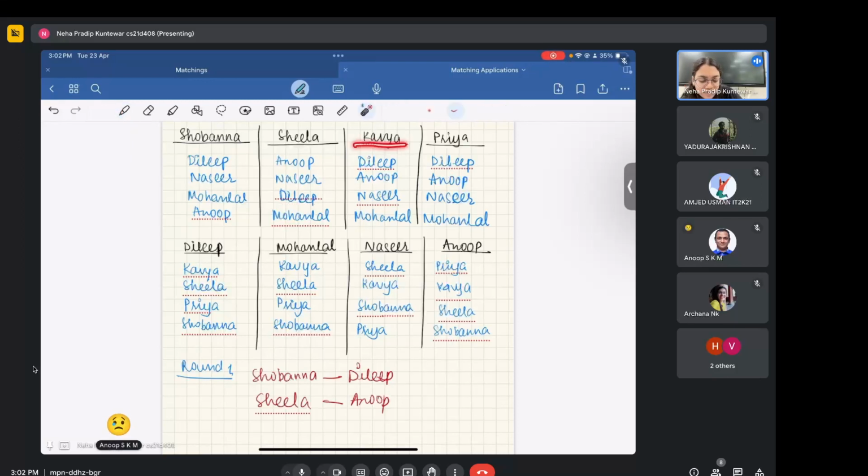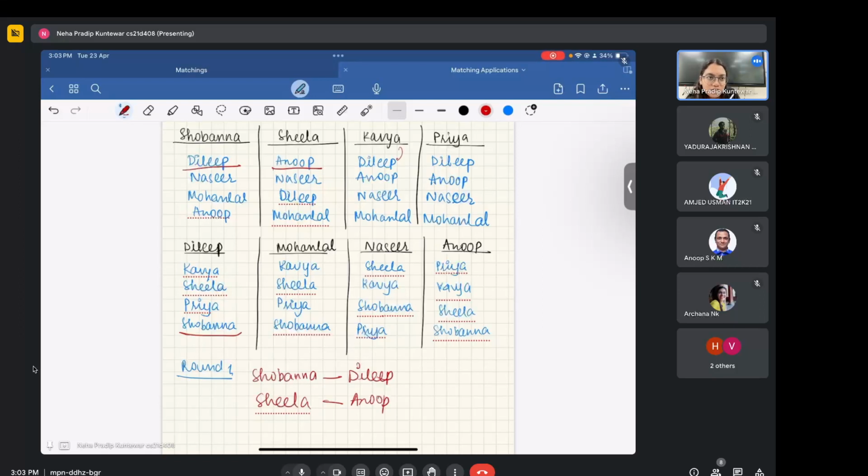Then Kavya does the same, and she proposes to Dilip. But what is the problem here? Shobana is currently matched to Dilip, Sheila is matched to Anup, and Kavya proposes to Dilip. But Dilip is already engaged to Shobana, whom he prefers the least.